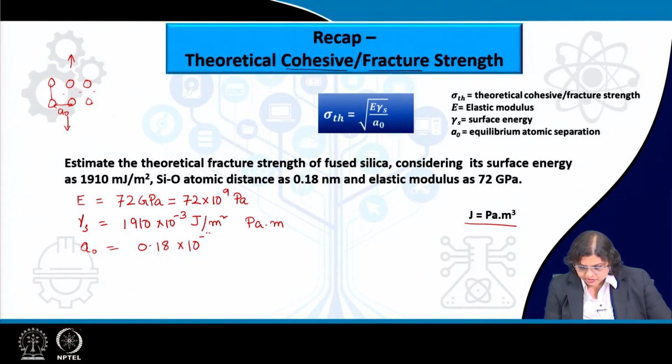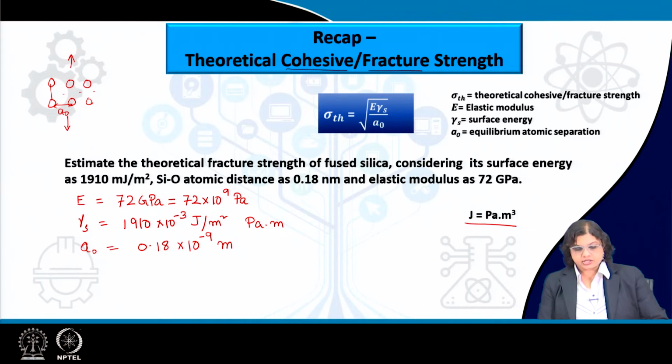So, the usual protocol is that we keep the stress unit as Pascal or sometimes megapascal, and any kind of distance is typically expressed in terms of meter. So, that is how we have expressed everything, and now we simply need to implement this formula.